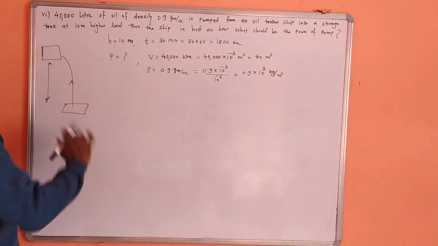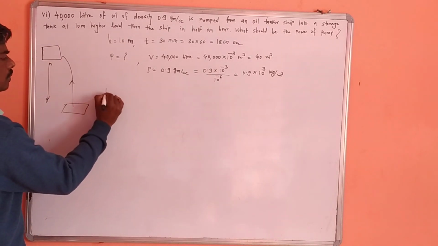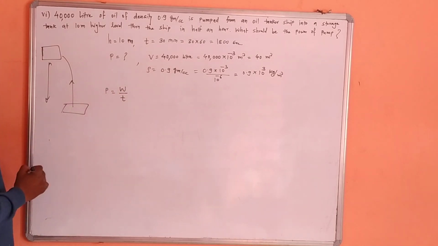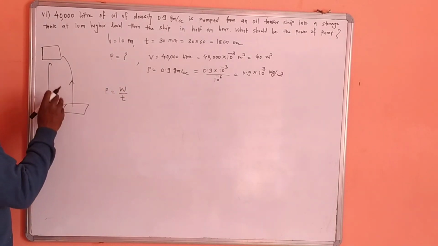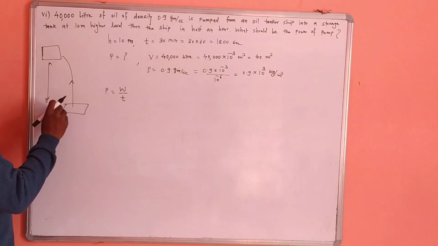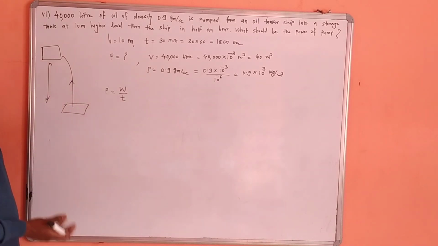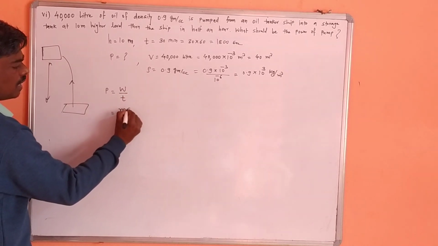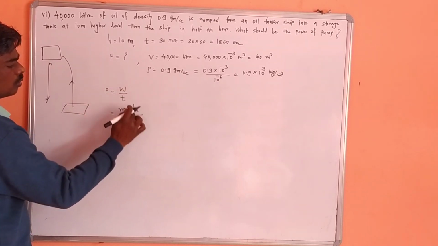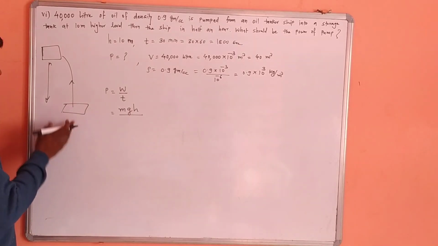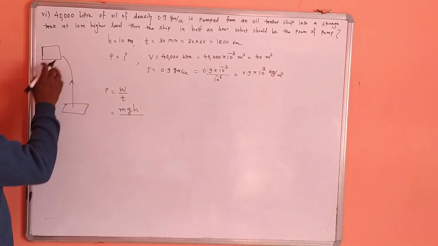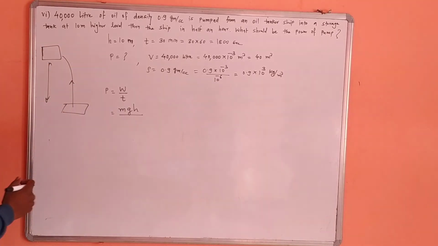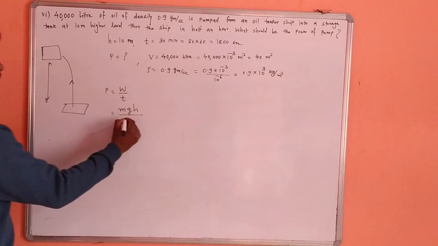So all this data is given to you and we have to find out power. So basically power is nothing but work upon time, and in this problem work done is in the form of potential energy, in order to lift that much amount of oil for the storing of the oil in the tank.